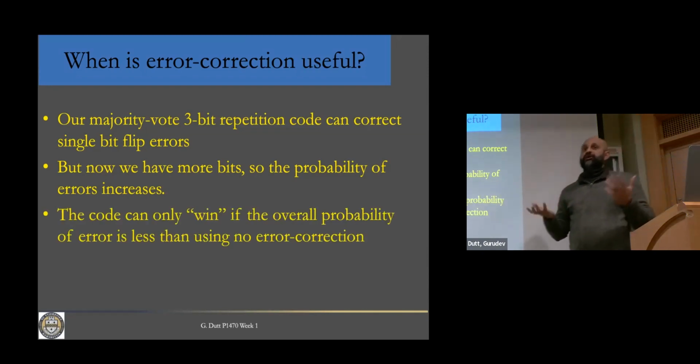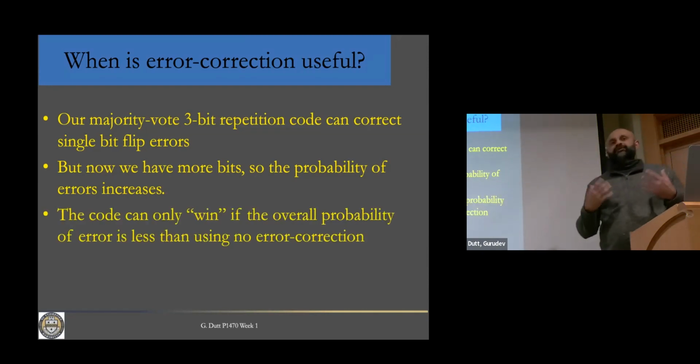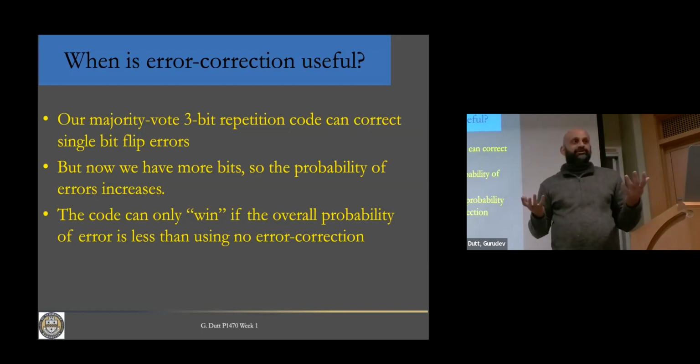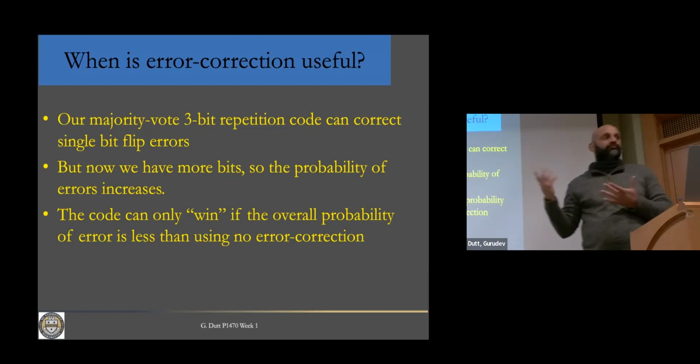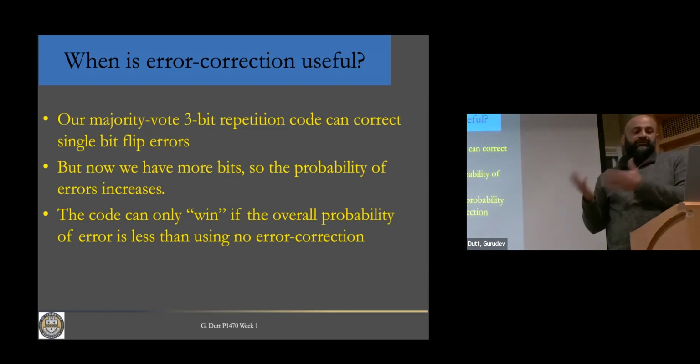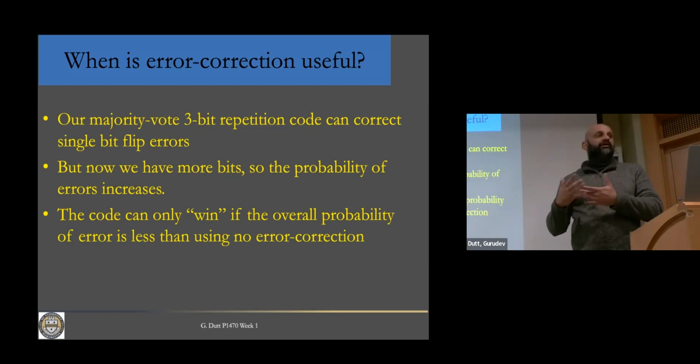So the code can only win if the overall probability of error is less than the probability of error when I don't use error correction. Okay.